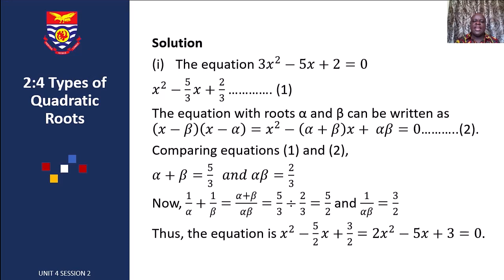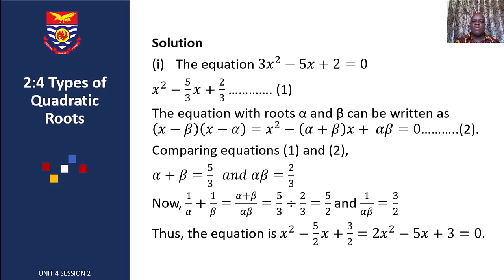Then when we take the product, we multiply 1 over alpha by 1 over beta. We get 1 over alpha beta. And that gives us 1 over 2 over 3, which when you simplify will give you 3 over 2. Now we will put the whole of this into equation 2.